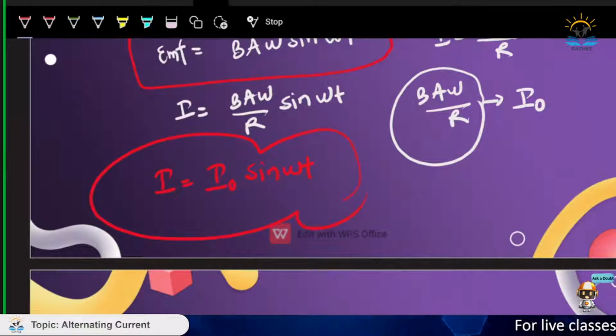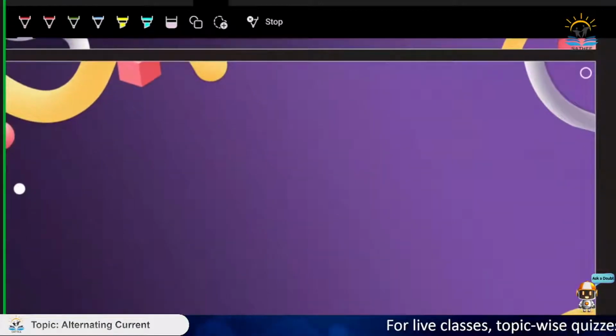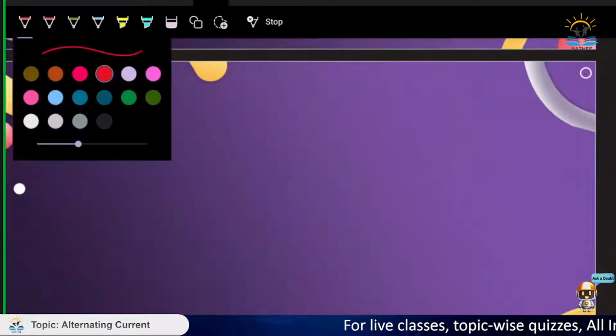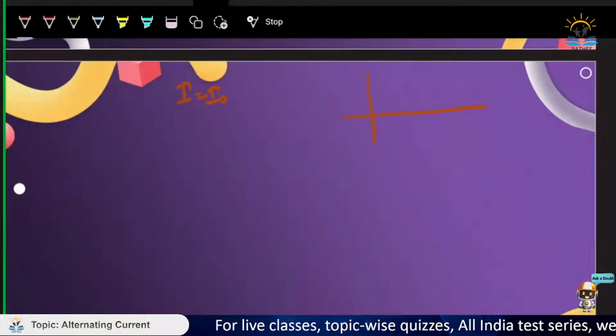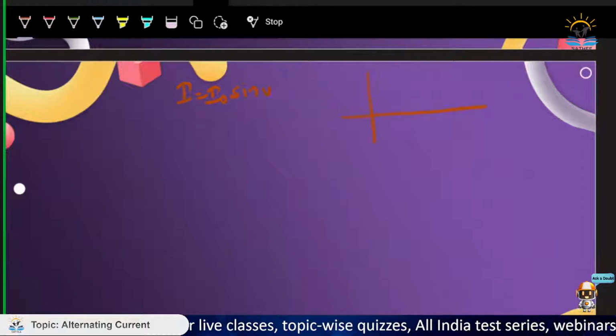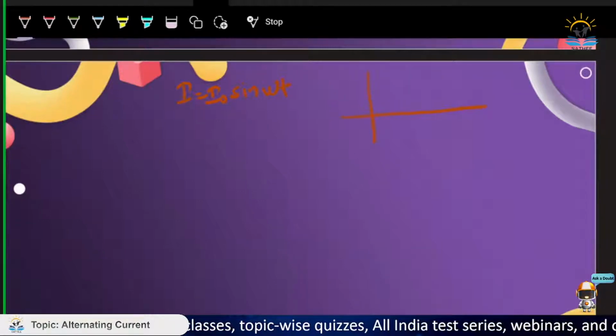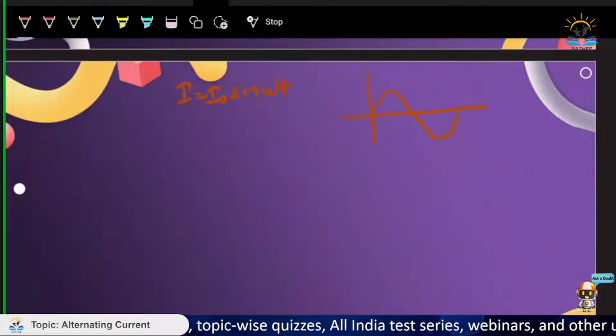Current has a sinusoidal graph, because I equals I naught sin omega t. So its graph will be like this.